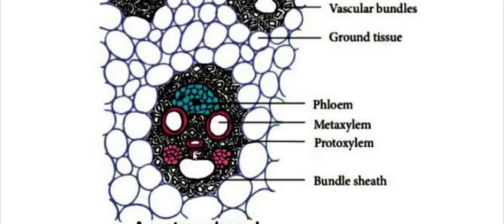spiral thickenings. The walls of the protoxylem cells have annular and spiral thickenings, and then below this protoxylem a cavity is present, which is also known as lysigenous water cavity, which is formed by the breakdown of the protoxylem cells present below.